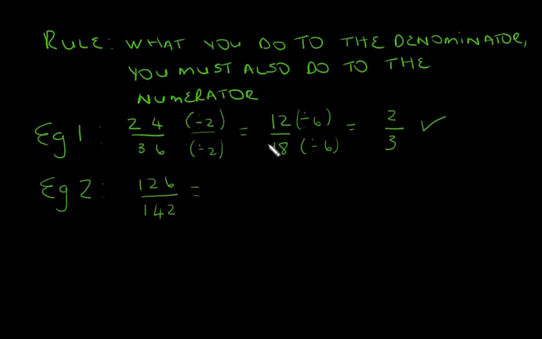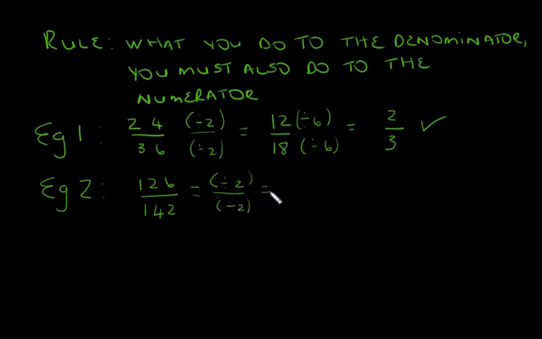Now that's a fairly big number, and if you say to me, well, Lucille, I can't really think of anything else besides 2, because there probably are bigger numbers but nothing comes to mind, then what we can do is we can divide by 2. And 126 divided by 2, and then we also say 142 divided by 2.